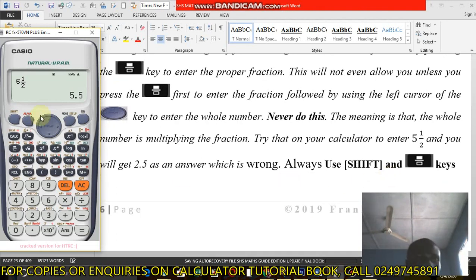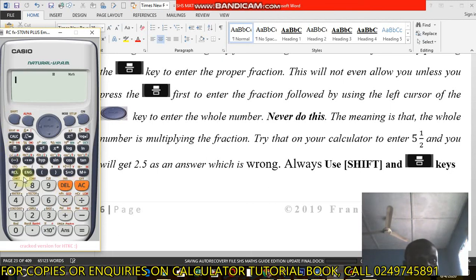Let's demonstrate. We want to enter the same 5 whole number 1/2 in a way that most students follow and get wrong answers. If you try to enter the 5 before you enter the fraction 1/2, it wouldn't allow you.